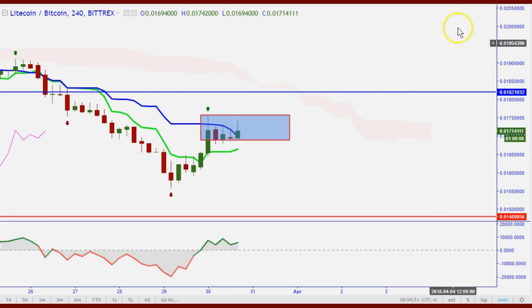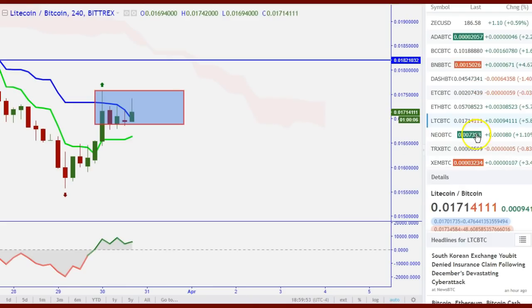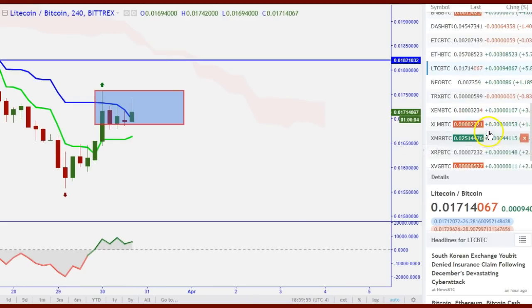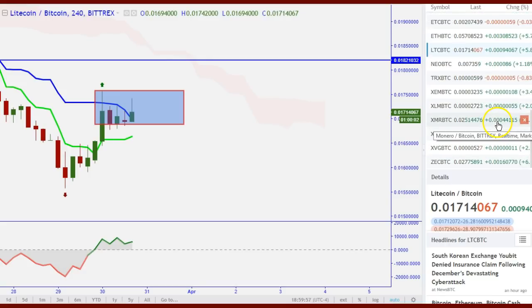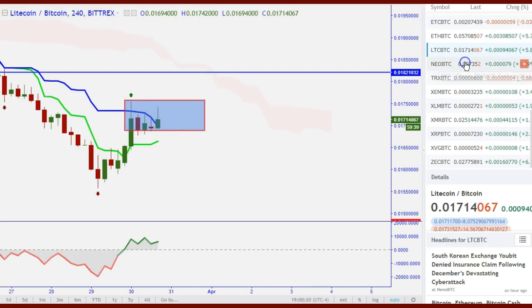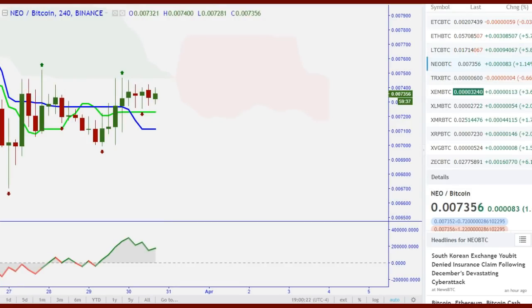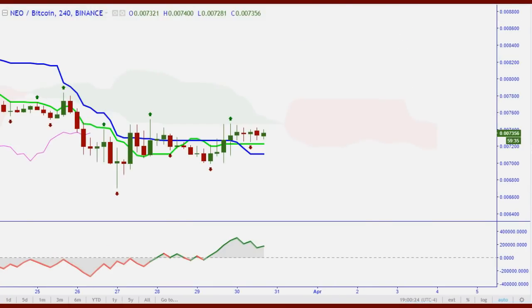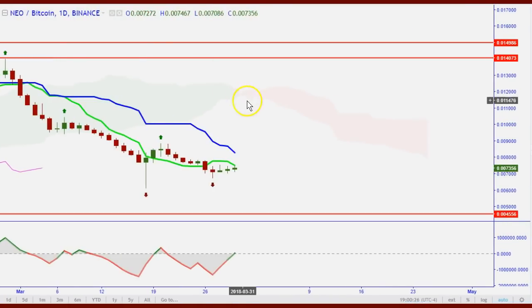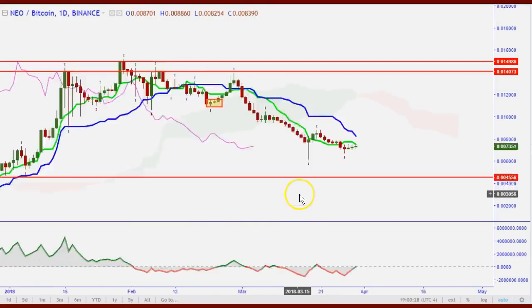Let's look at Neo Bitcoin. Hold on one second. So we want to look at this Neo Bitcoin. Let's go to the daily. All right, so daily's a little flat here.